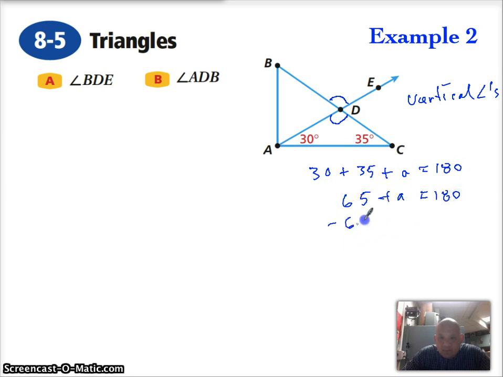Subtract 65 from both sides. 65's drop out. A equals 115 degrees. So this is 115 degrees. Therefore, angle BDE is also 115 degrees.